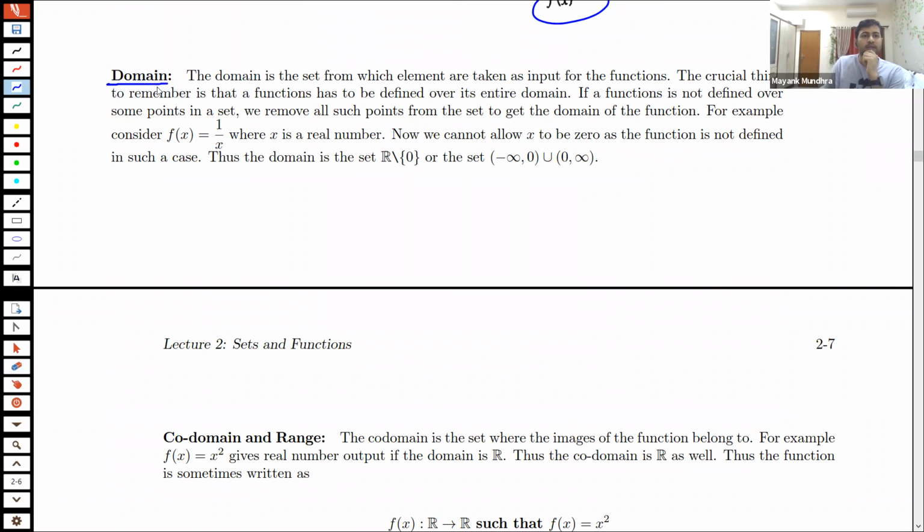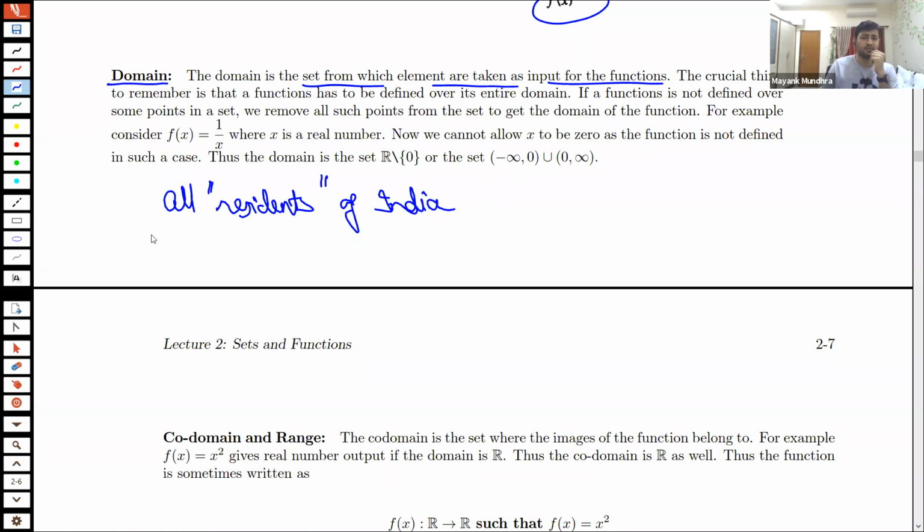The domain. So the domain is a set from which elements are taken as inputs for a function. So if we talk about, let's say, domain of Aadhaar card, the domain of Aadhaar card is all residents of India. Not an important topic for us, but Aadhaar is also issued to non-citizens.